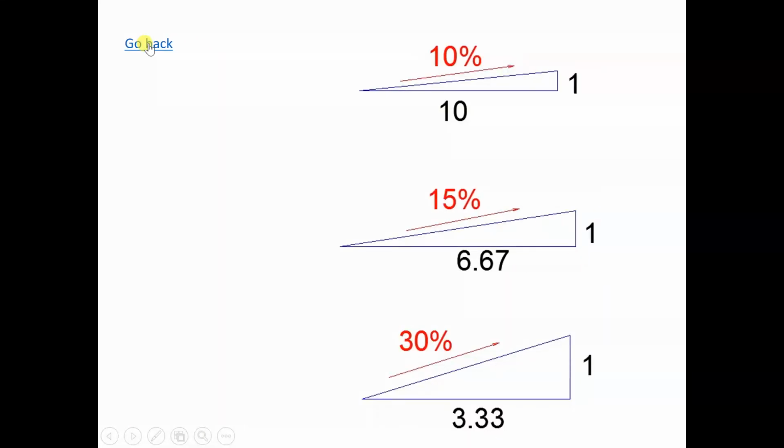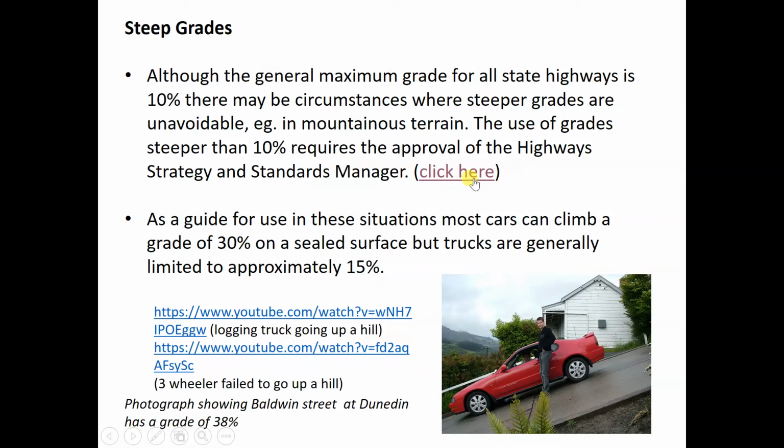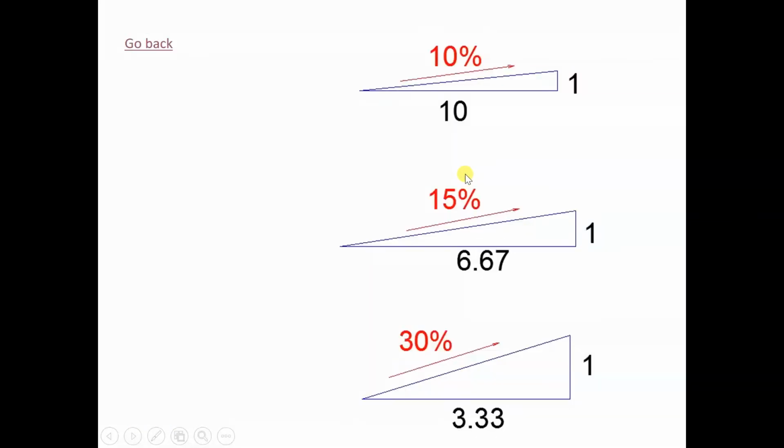So the road is a very steep road, the 10%. Later we see that's 30%, 15%. So how is it translated? 10% is 1 in 10, 15% is 1 in 6.67, 30% is 1 in 3.33.